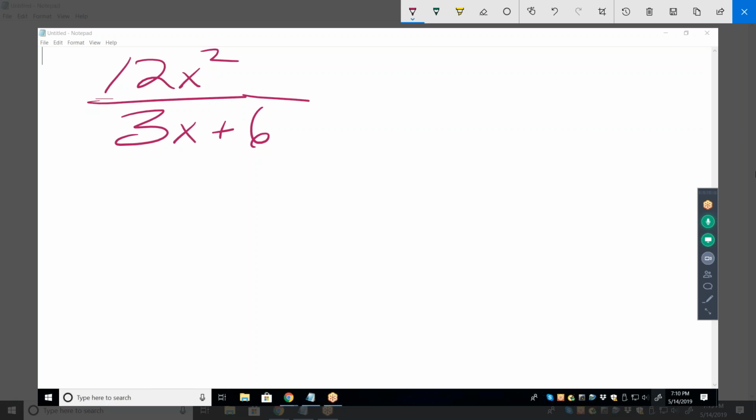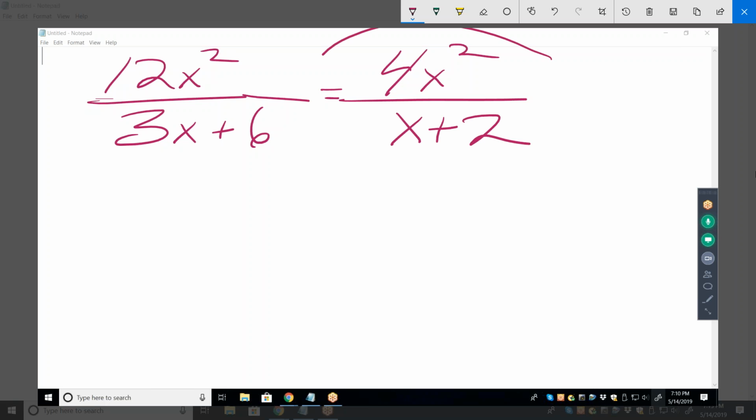In other words, I cannot make this 12 over 3 a 4 because the 3x has a 6 added to it. Right. But what number can I divide top and bottom by? There's no x on that 6, so I can't. 3, exactly. So the top becomes 4x squared. What's the bottom become? x plus 2. That's your answer. There's no way to simplify that.